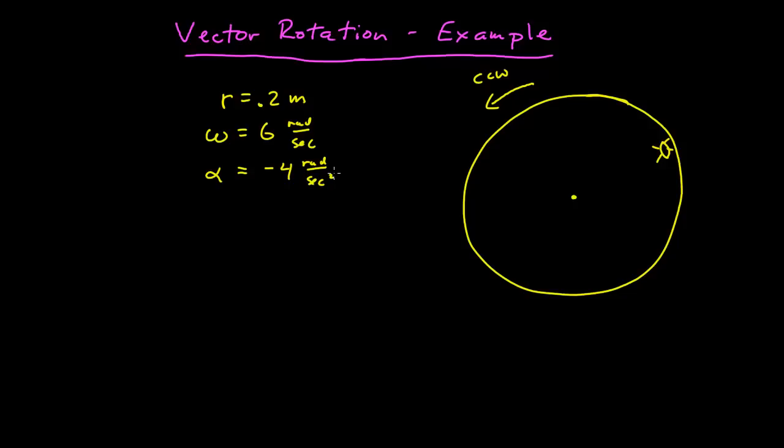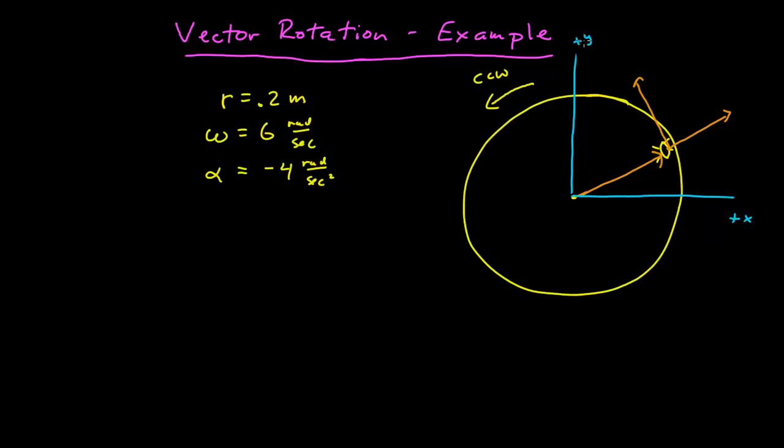Okay, so let's set up our coordinate system here. So here's the radius vector. I'm going to give myself a right-handed coordinate system.